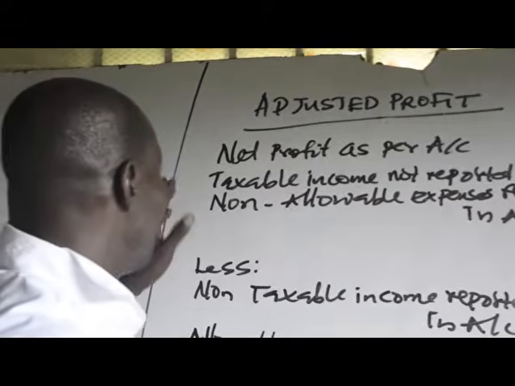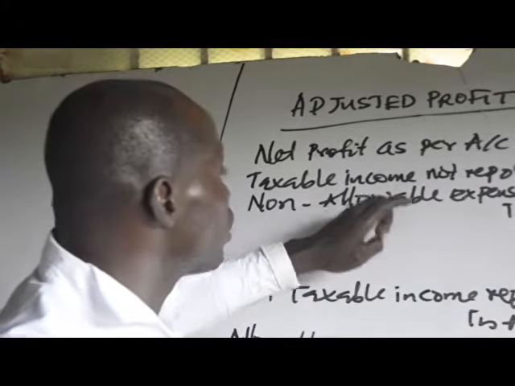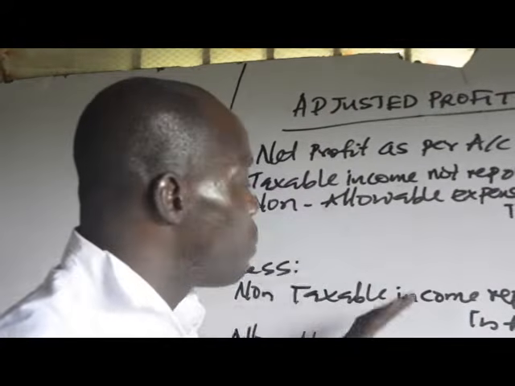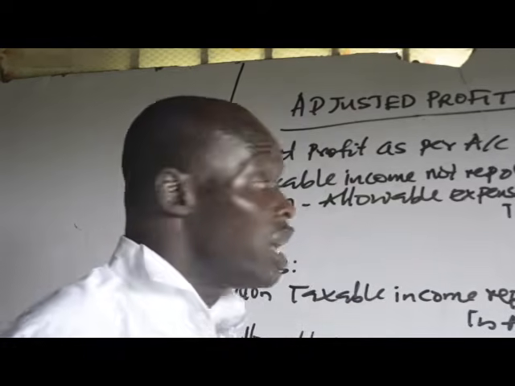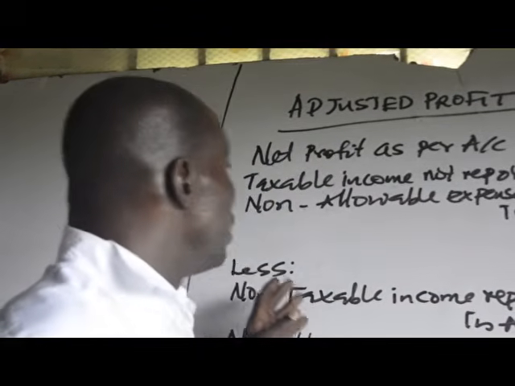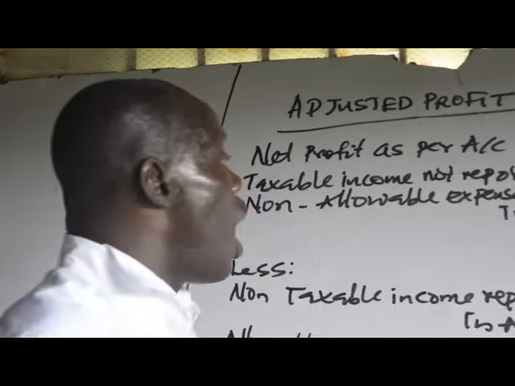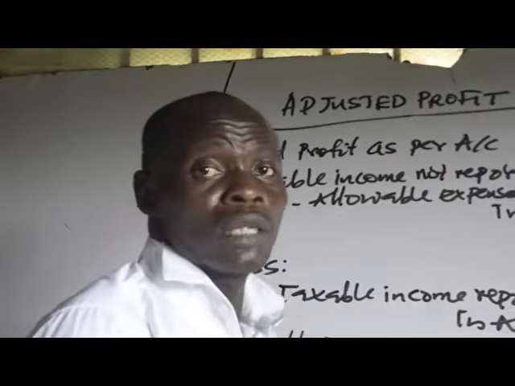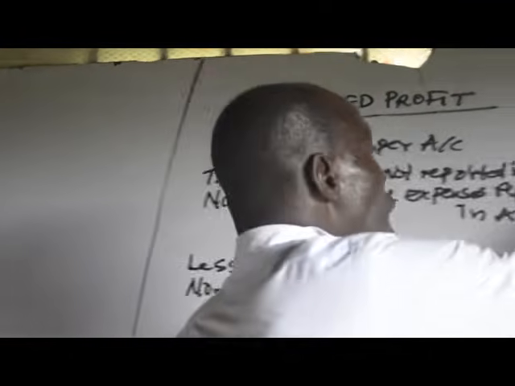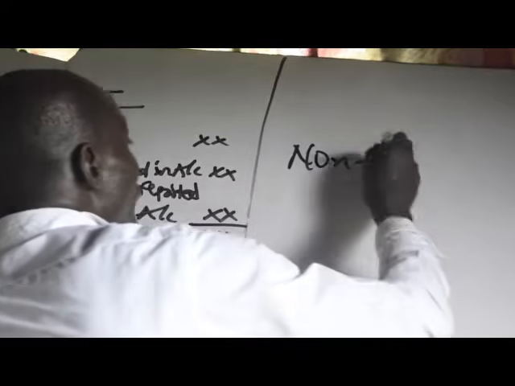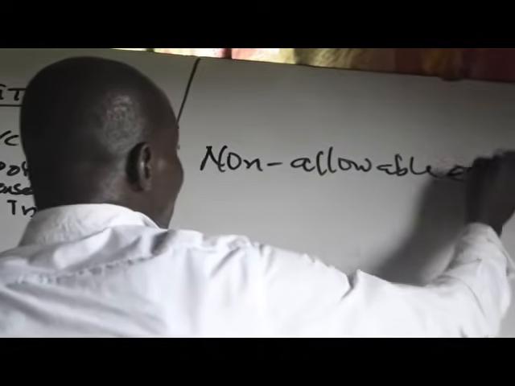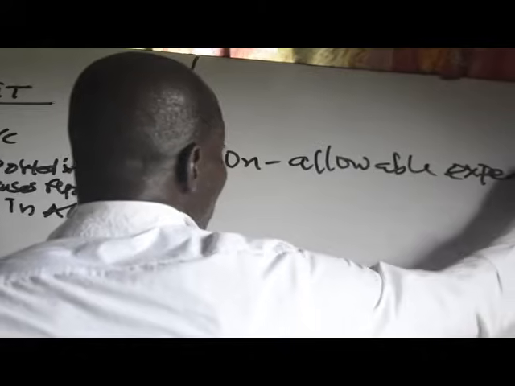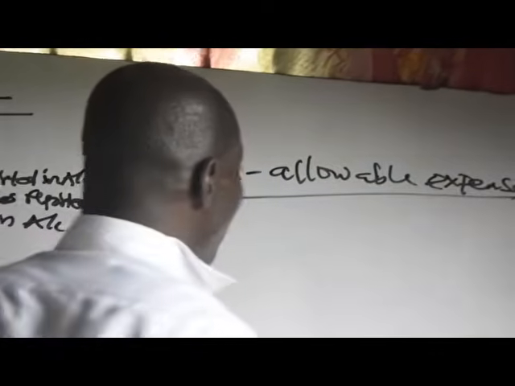For those who have not watched part 1 of my presentation on adjusted profit, I would like to consider the list of non-allowable expenses for tax purpose. So I'm going to examine this.